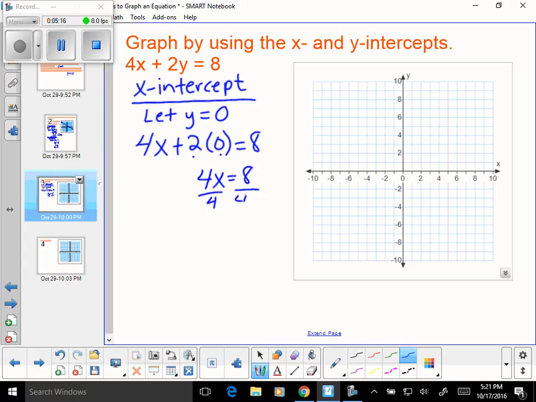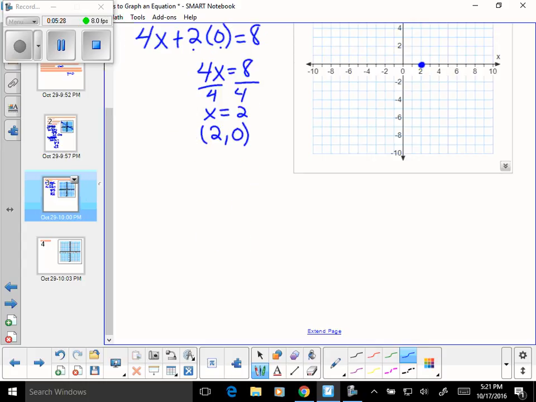Divide both sides by 4, x will equal 2, so I'm going to graph the point 2, 0. Origin over to 2, 0 tells me I don't go up or down. Now I need the y-intercept.